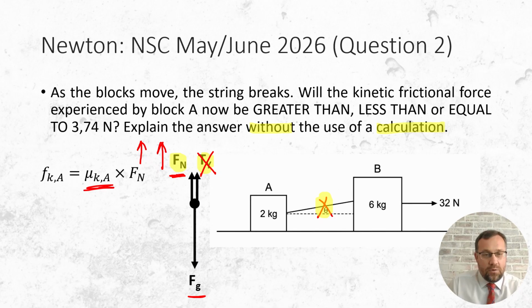Mu k will remain constant. So the kinetic frictional force can only increase. So the answer is that the kinetic frictional force experienced by block A should be greater than 3,74 newtons.